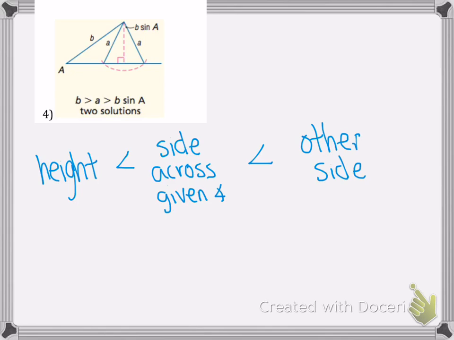If this happens, then I have two triangles that must exist. And later we will show how to solve for both of these triangles.